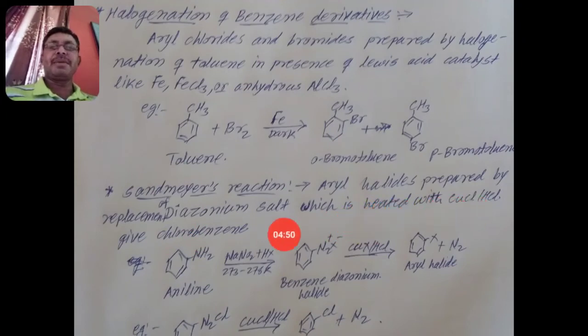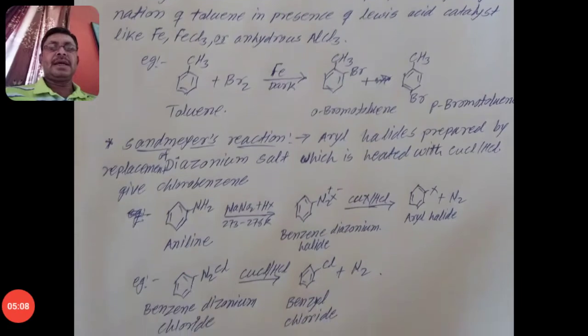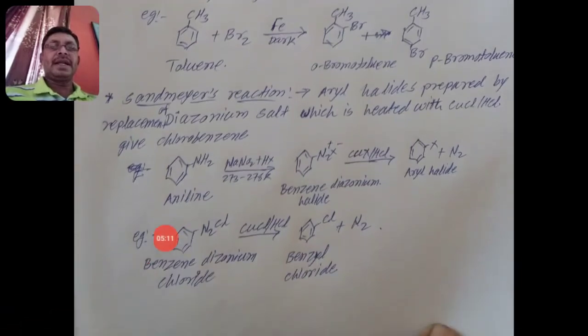Aryl halides are prepared by replacement of the diazonium salt, that means the N2 salt, the diazonium salt, which is heated with CuCl and HCl to give chlorobenzene. See here, there is a general reaction, that is the benzene diazonium salt.